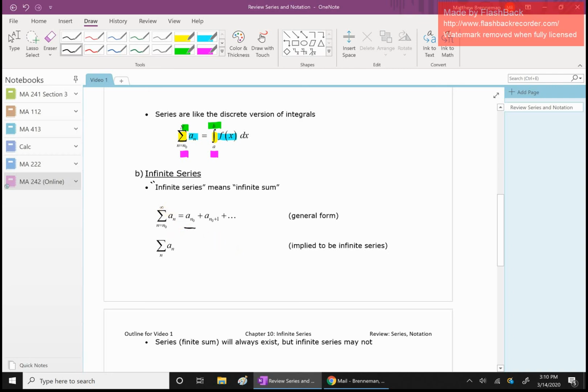Now, it's a little cumbersome to write this because notice that this is a little confusing. This is the index n. This is an actual number that I've left unspecified, n sub 0. And of course, this could be anything. And so instead of writing this more cumbersome notation, I'm going to sometimes write this more general notation where this is implied to be an infinite series, but I'm just not specifying where it's starting, but it is going out to infinity.